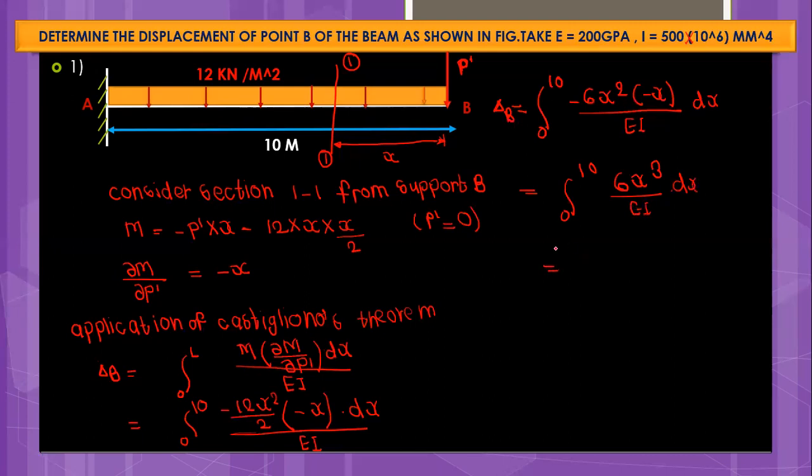Now let's integrate this. It will be 6x raised to 4 upon 4, from 0 to 10. We will consider the EI term as well because we have been given the values. If the values of EI were not given, we would just find the displacement in terms of EI. But in this problem, we have been given the EI values.